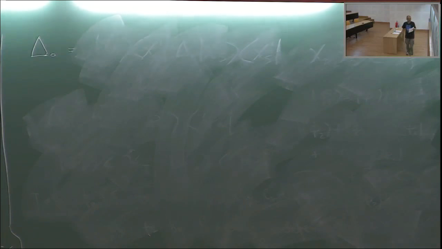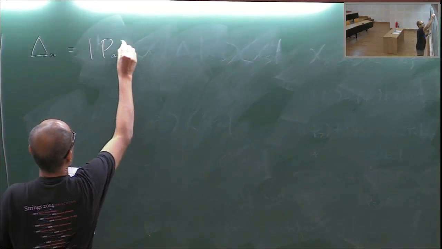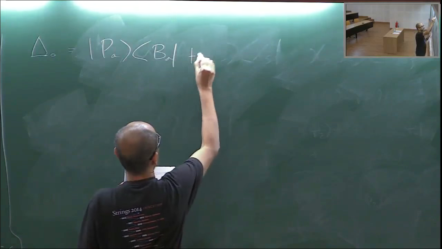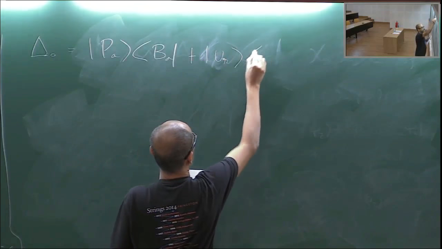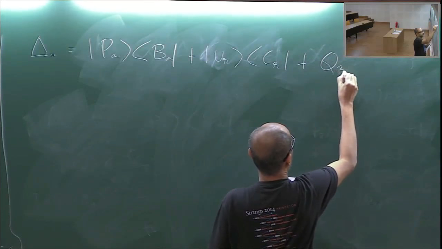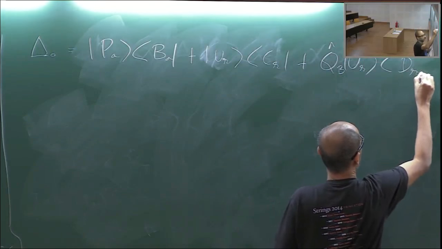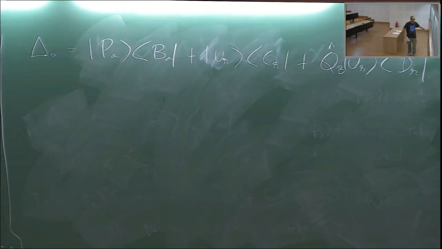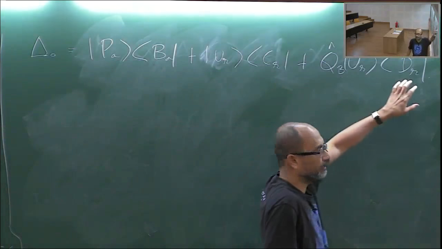So now using this I will expand delta naught as PABA, where all repeated indices are summed over. Because I have chosen these as the basis, I can always write it as PA times some state, UR times some state, QB hat UR times some state.